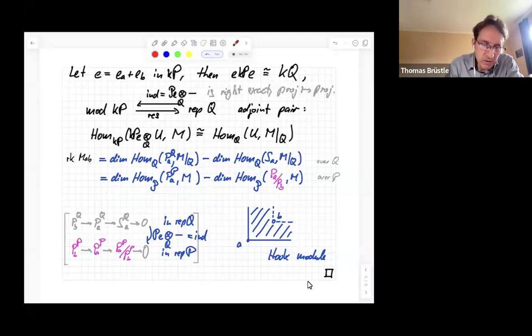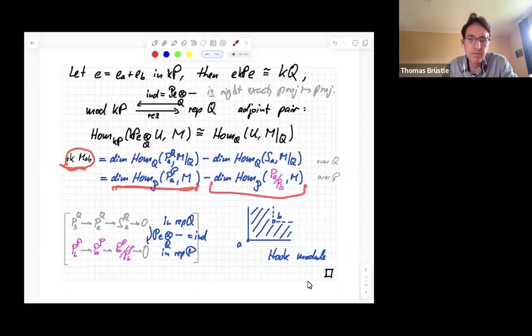Conversely, if you know all those ranks, then you also know the rank of MAA, but the rank of MAA is just the pointwise dimension, and the pointwise dimension is the dimension of Hom from the projective. So if I know this rank and this dimension, then I can also compute that dimension.